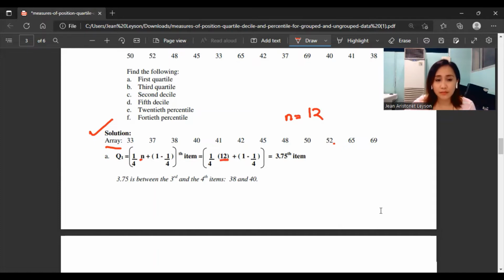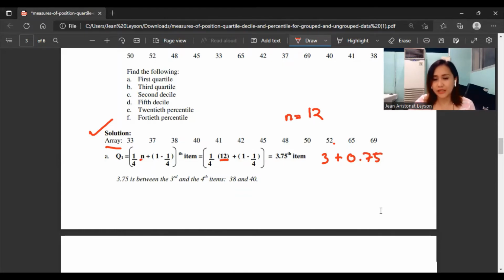So simplifying, that's 1 over 4 times 12. That is 3, plus 1 minus 1/4. 1 over 4 is simply 0.25. So 1 minus 0.25, that is 0.75.